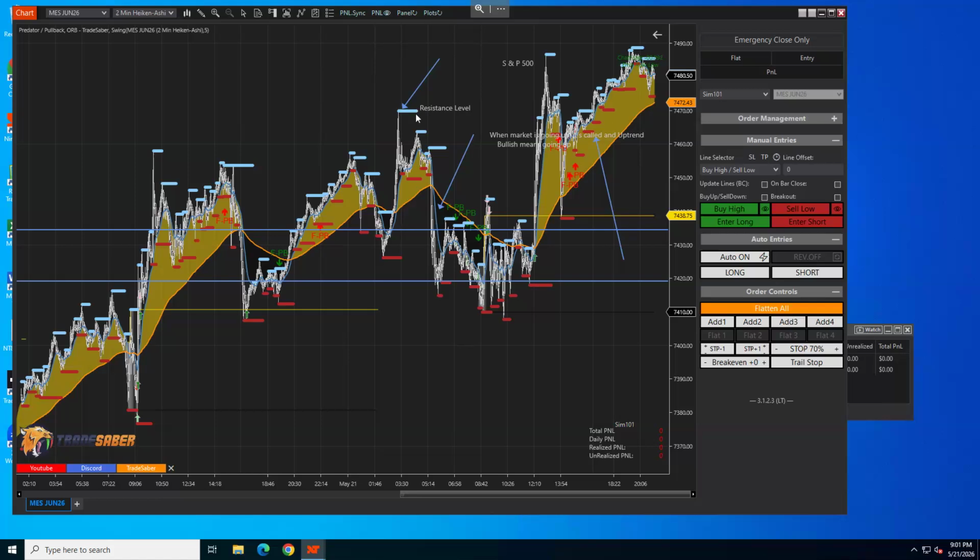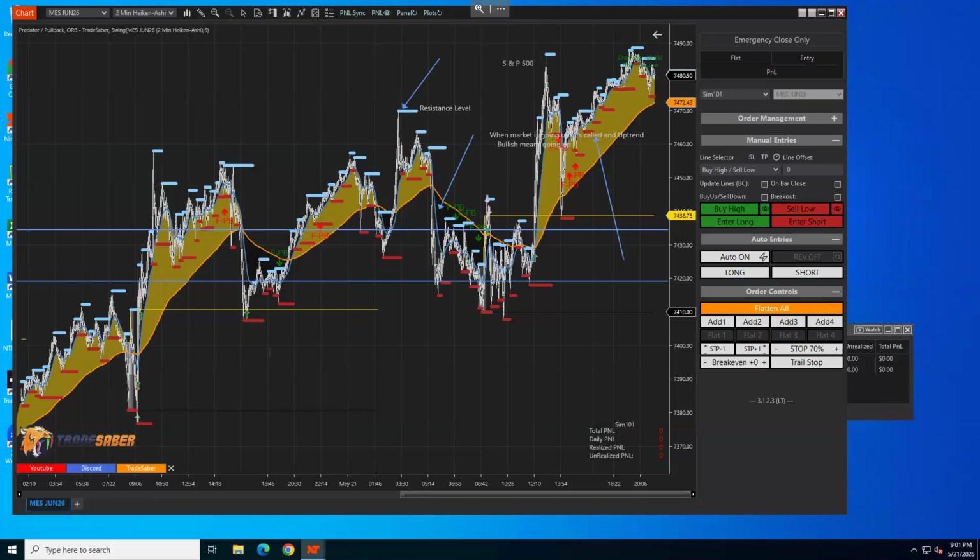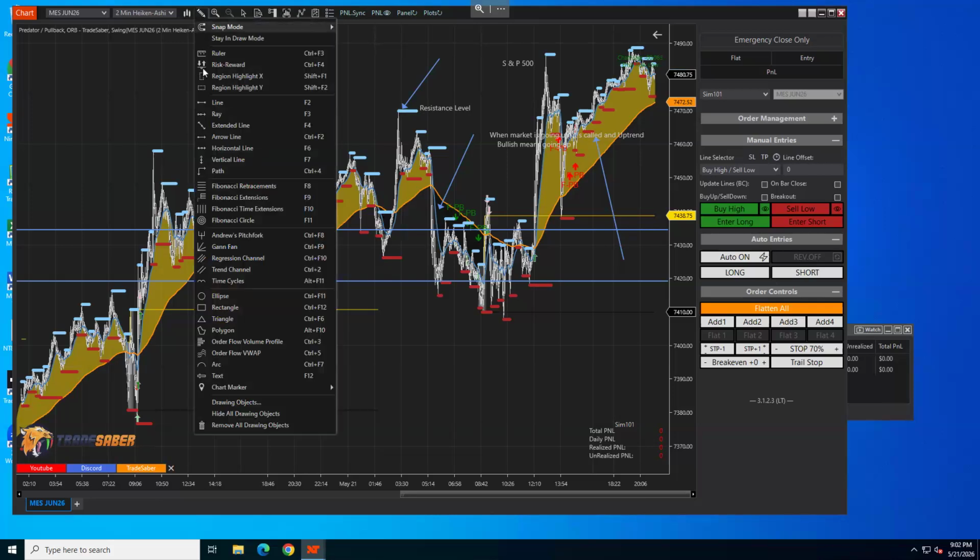So look at it like that. Your resistance level is your roof, and your support level is your floor. So these red little things you see right there on the bottom, that's your floor, your support level. Okay. So you have resistance and support. Support on the bottom, resistance on the top.